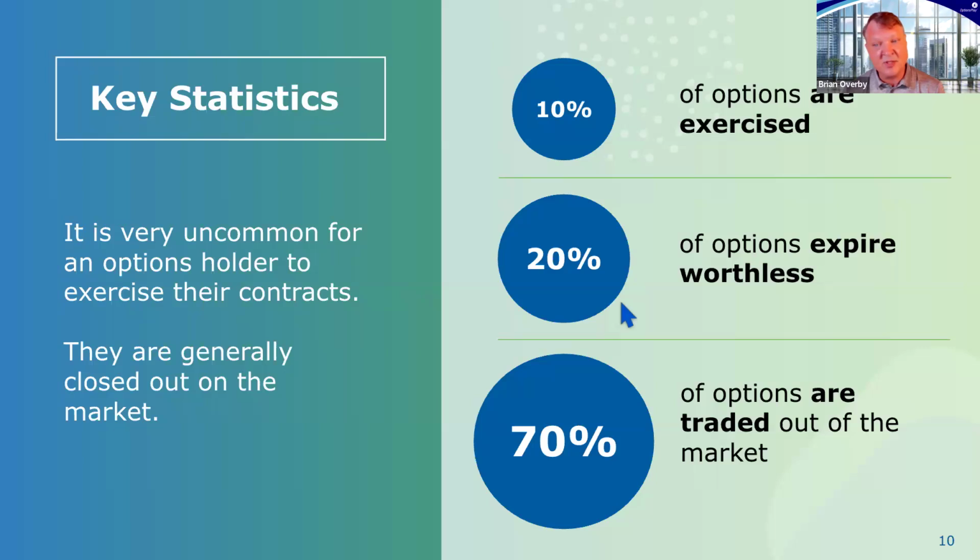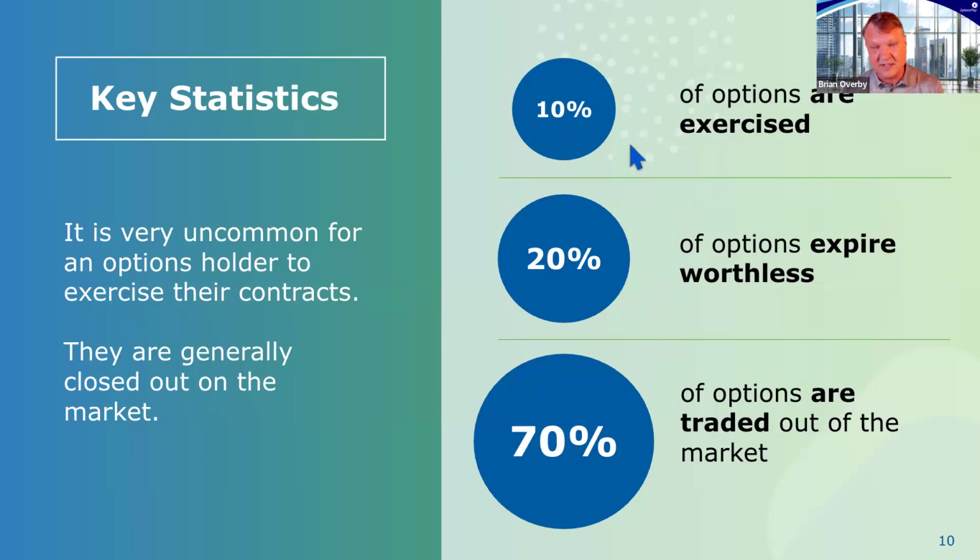Only 20% of options expire worthless, and that kind of makes sense when you think about it, because, well, first of all, it's a good thing if you're short. It's a bad thing if you're long. So some people want those option contracts to expire worthless. And only 10% of option contracts really get exercised or assigned. Now, these are general numbers as far as the markets are concerned, but they don't really move a lot.